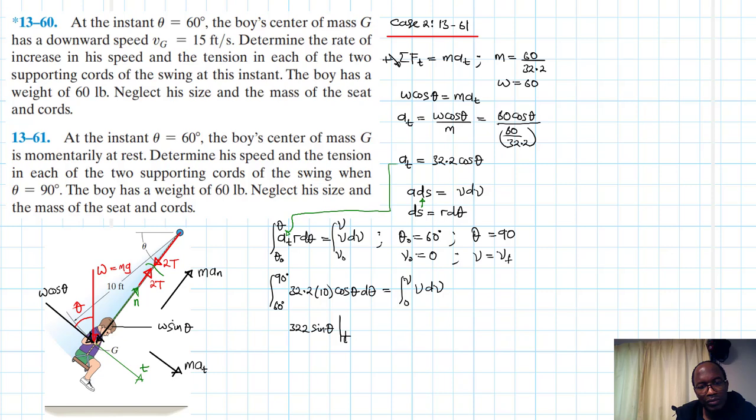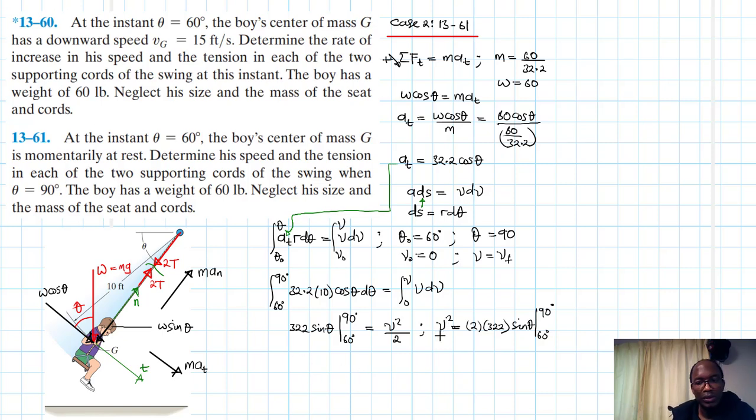Evaluating this from 60 degrees to 90 degrees, then this side will just have v squared divided by 2. Our v squared therefore will just be equal to 2 by 322 sine theta from 60 degrees to 90 degrees.